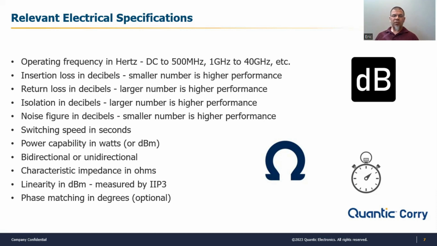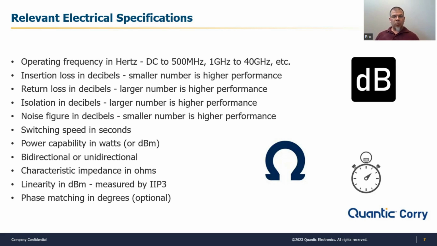If you're trying to switch a transmitter to multiple antennas, you might need a much higher power handling capability than if you were trying to connect a receive antenna to a receiver, something along that nature.